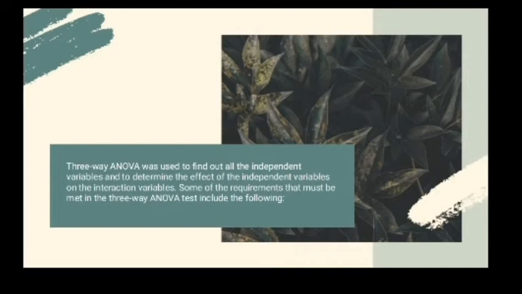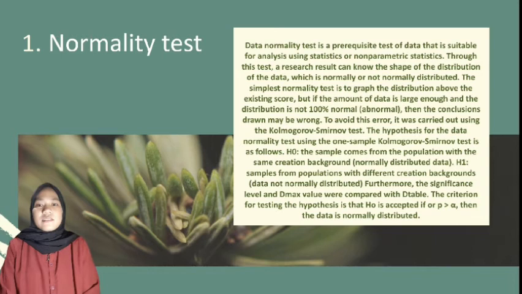Some of the requirements that must be met in a three-way ANOVA test is the normality test. The data normality test is a prerequisite test of data that is suitable for analysis using parametric statistics or non-parametric statistics. Through this test, a researcher can know the shape of the distribution of the data, whether it is normally or not normally distributed.